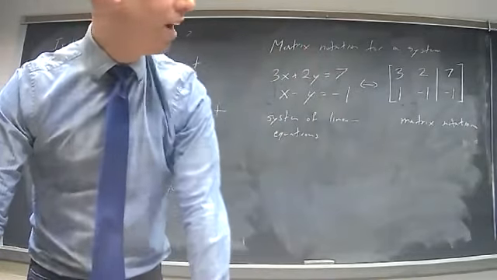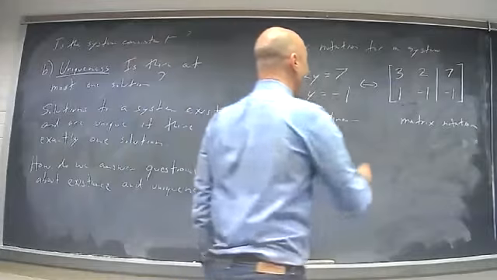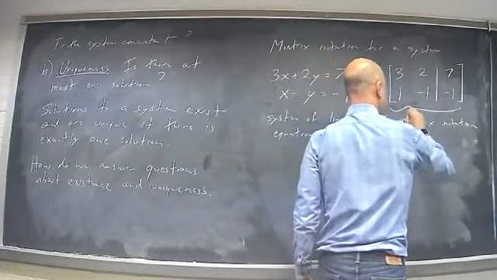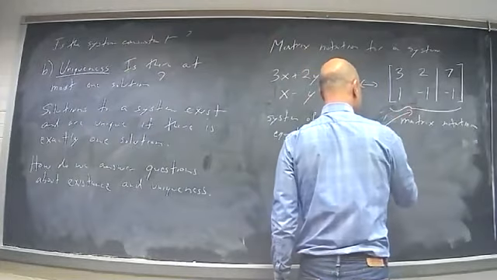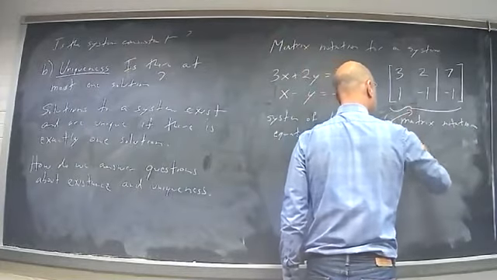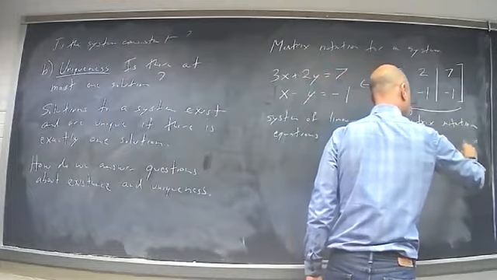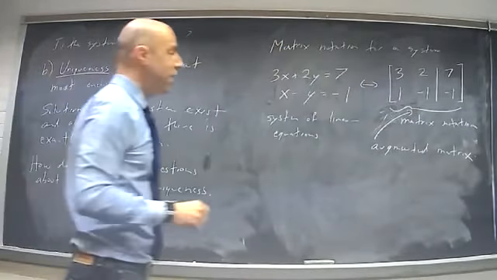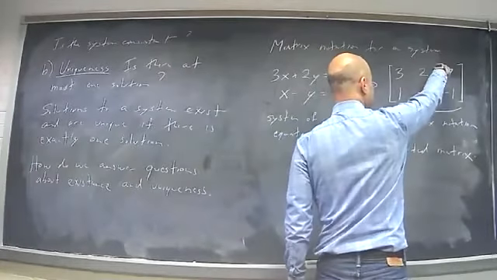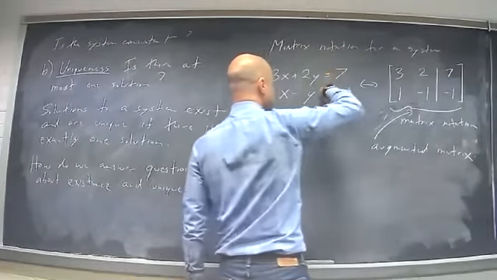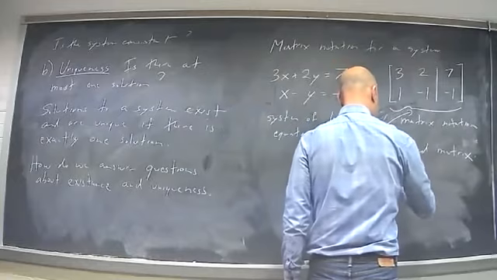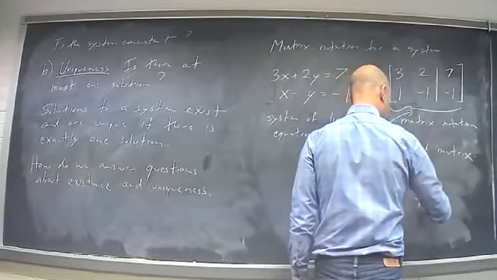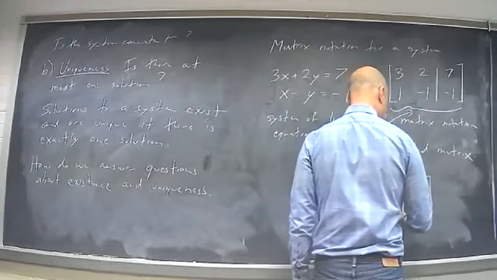We'll have another way of thinking about it later. What we have right here, the whole thing, is called an augmented matrix. If I just take the part to the left of the equal sign, remember that vertical bar stands for these two equal signs, if I just take this part right here, the 3, the 2, the 1, the -1, this is called the coefficient matrix.